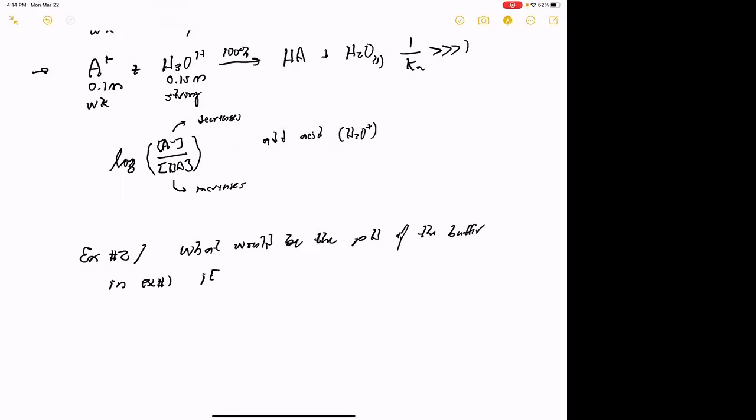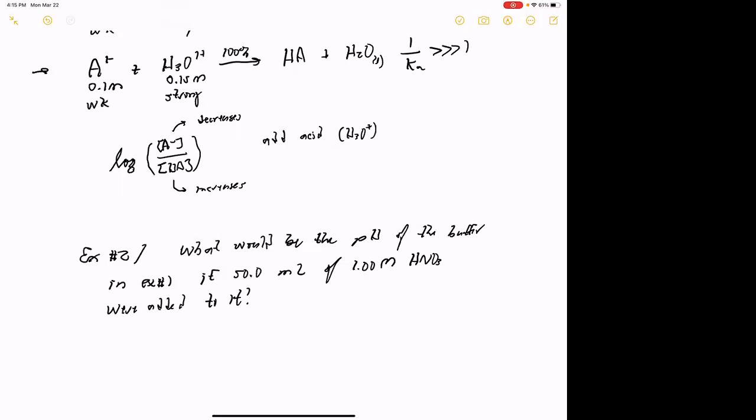If 50 mils of 1.00 molar HNO3 nitric acid were added to it. So in other words, I've got a buffer and I've set it up, but now I'm going to add some acid to it.